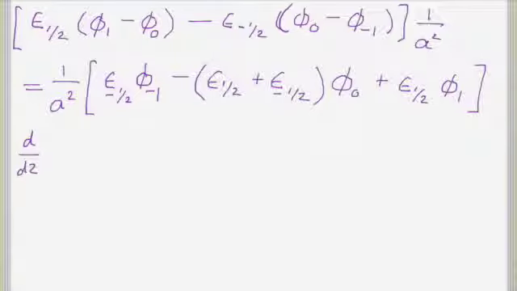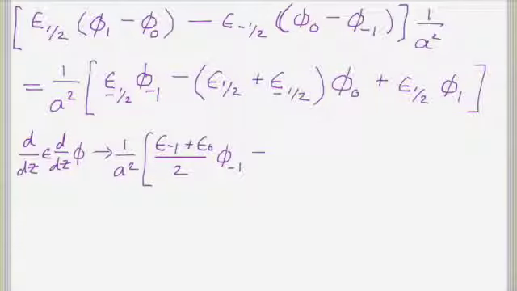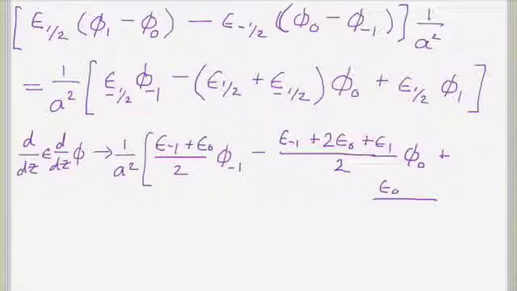So d/dz of epsilon d/dz phi becomes 1 over a squared times epsilon -1 plus epsilon 0 over 2 times phi -1, minus epsilon -1 plus 2 epsilon 0 plus epsilon 1 over 2 times phi 0, and plus the last term, epsilon 0 plus epsilon 1 over 2 phi 1.